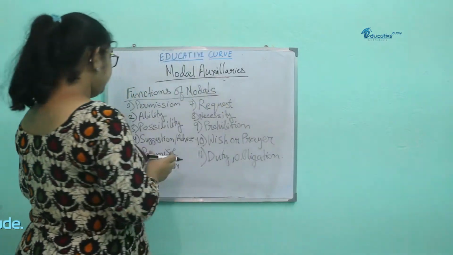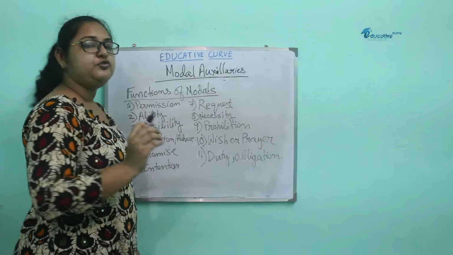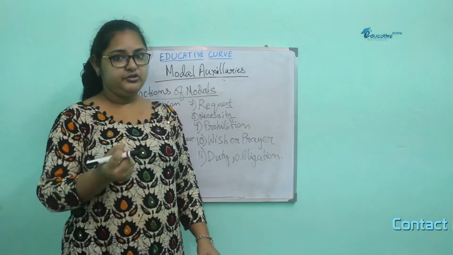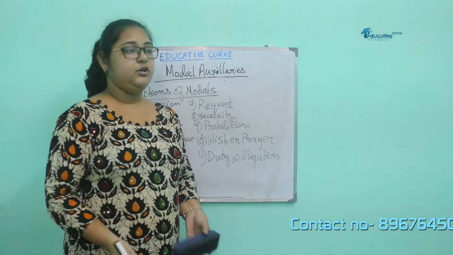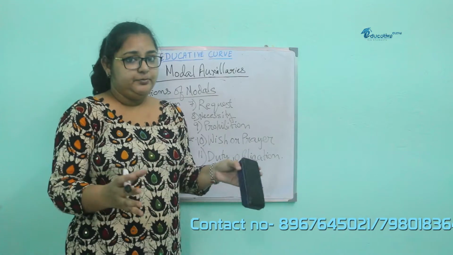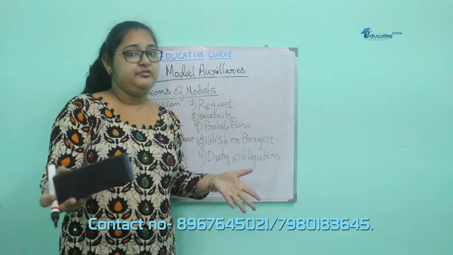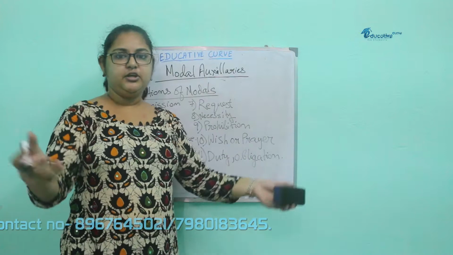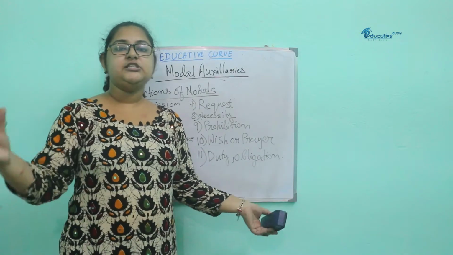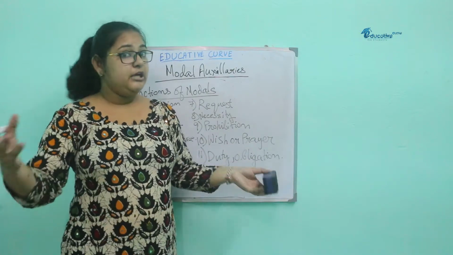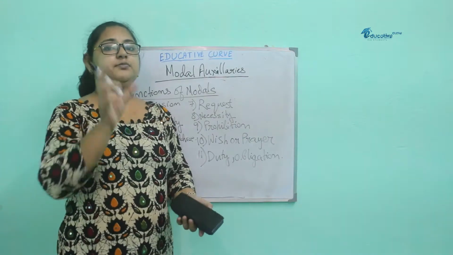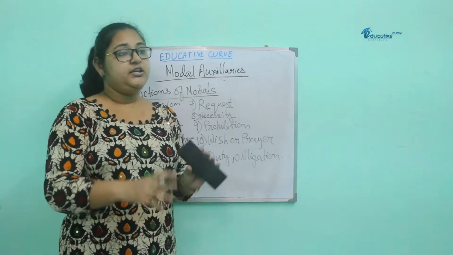Now, in case of possibility, we want to guess if a certain event will or will not happen. We don't know whether it will happen, but we sometimes guess about events, like the falling of rain. If we see a cloudy sky, we say it may rain. So there is a possibility that it might rain. It is not sure.